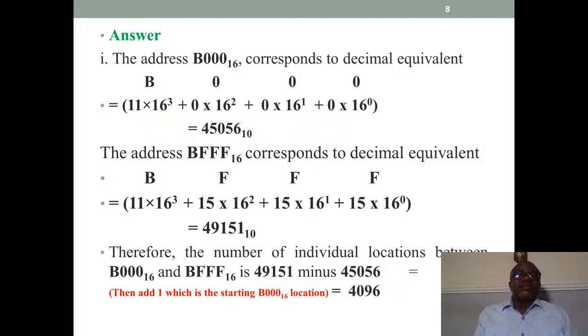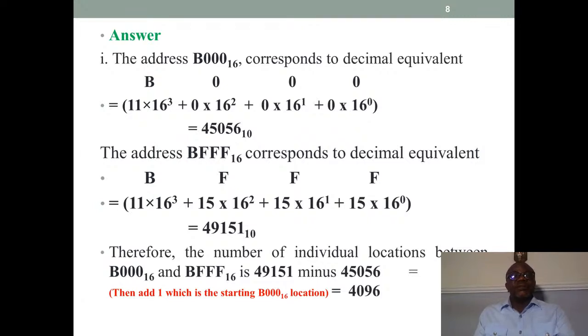You start from the least significant digit, which is the one on the right, and give weightings of 16 raised to power 0. Because the multiplying factor is 0, it gives 0. Then the next one is 16 raised to power 1. Because the multiplying factor is 0, it gives 0. Likewise the third one.